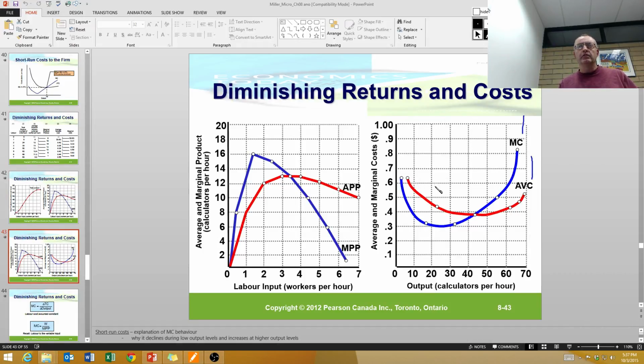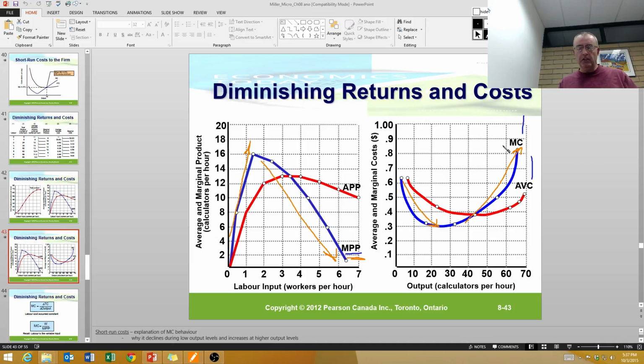And it is a little bit hard to see here, but what we see is when the marginal physical product is increasing, the marginal cost is decreasing. And when the marginal physical product is decreasing, the marginal cost is increasing.